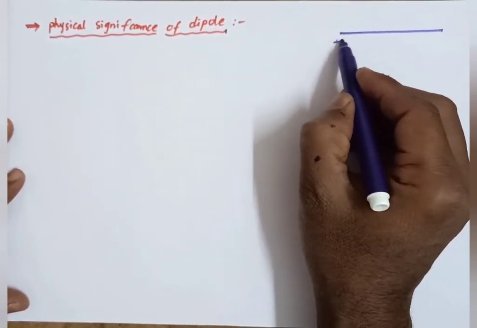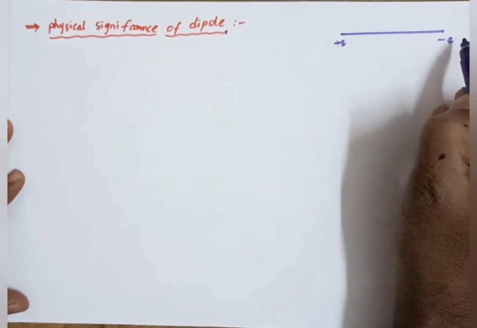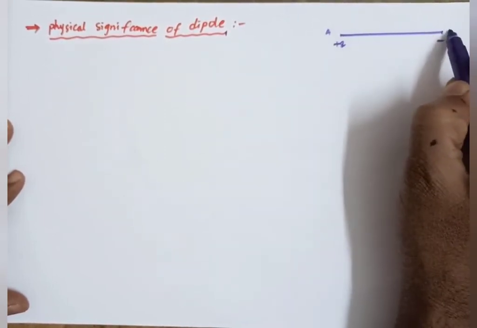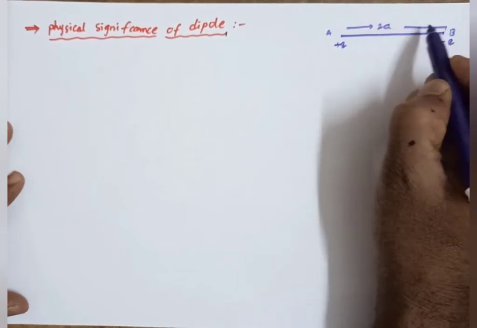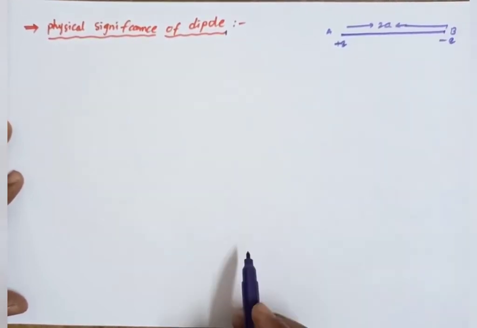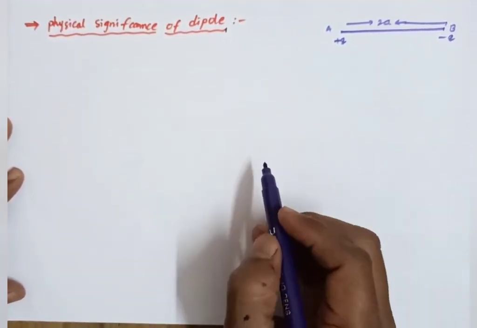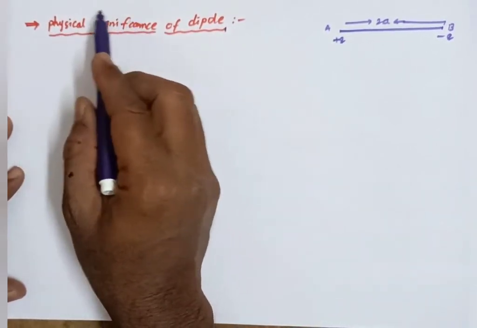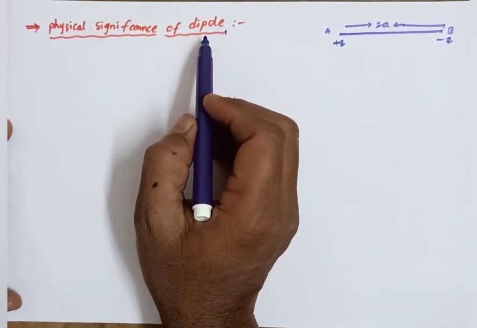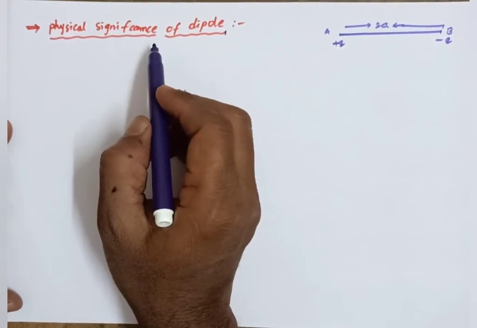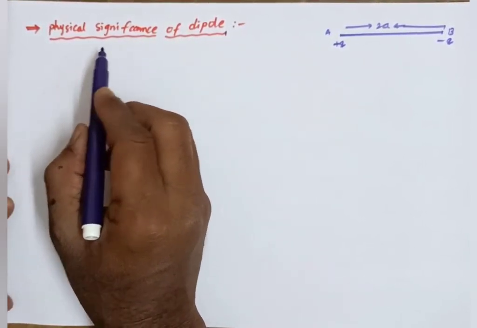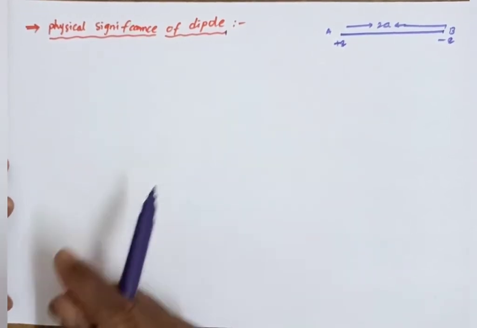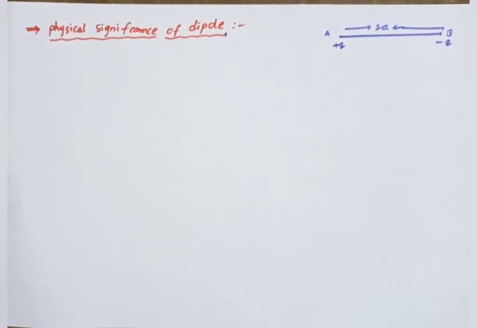For example, it is plus q, it is minus q, here it is point A, point B. It is placed at a 2a distance, called the electric dipole. Now, what is the importance of the electric dipole? What is the physical significance? Significance is nothing but the importance of the electric dipole.